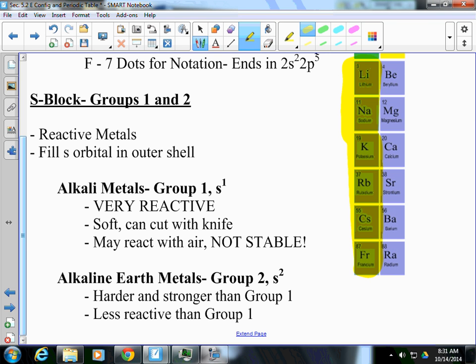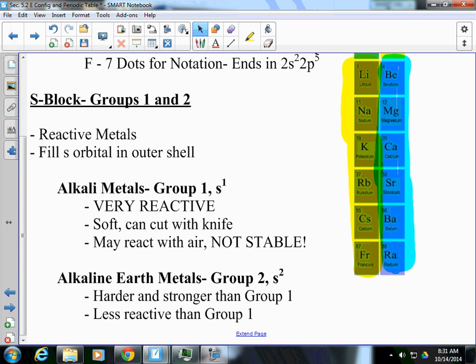Group 2 is the alkaline earth metals. And what distinguishes group 1 from group 2 is that this group of metals, group 2 here in the blue, you can find them naturally existing in nature. So that's the distinguishing characteristic, the difference between alkali metals and alkaline earth metals.